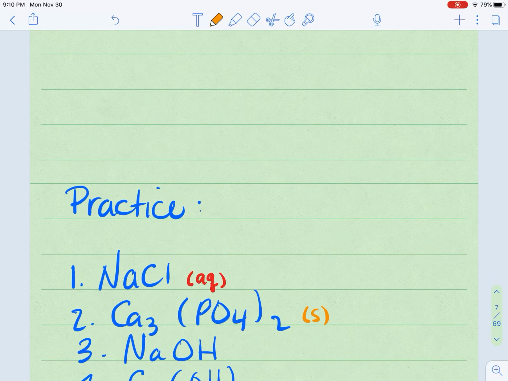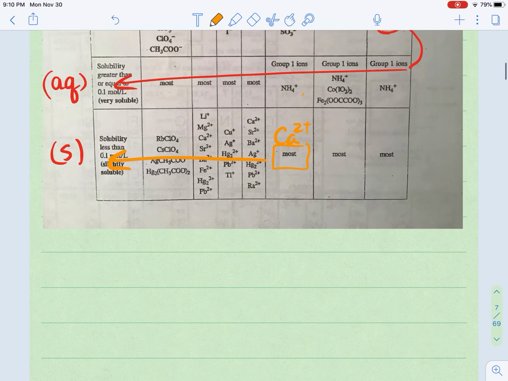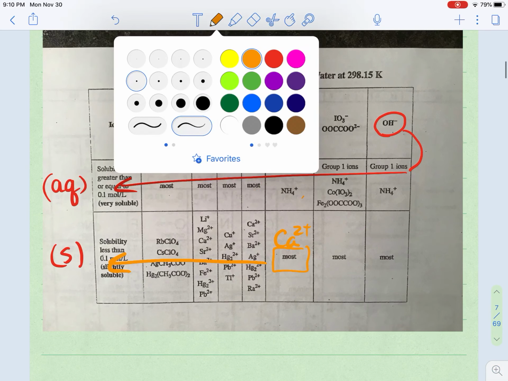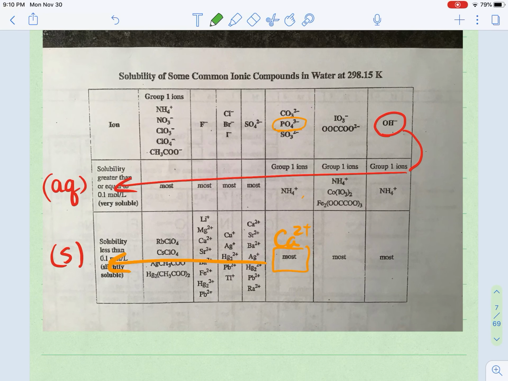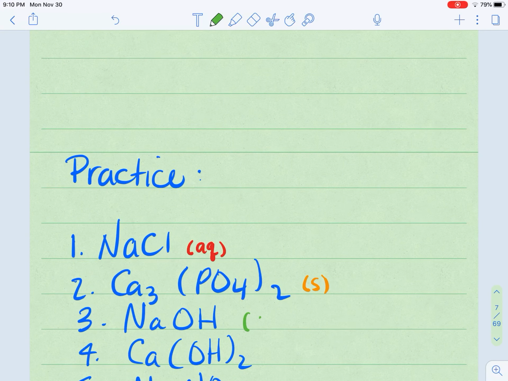So we write solid as the state for calcium phosphate. For sodium hydroxide, again, it says here that group 1 ions, with which sodium is, mixed with hydroxide, sodium and hydroxide would be aqueous because it's a group 1 ion.